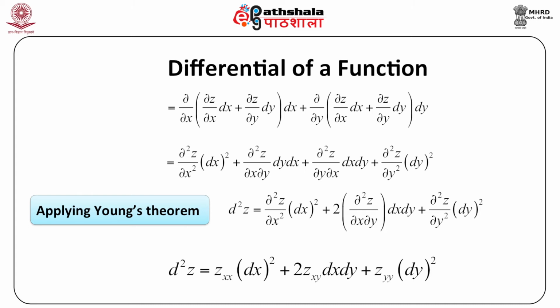In simpler notation, d squared z is equal to zxx (dx) whole squared plus 2 zxy dx dy plus zyy (dy) whole squared.